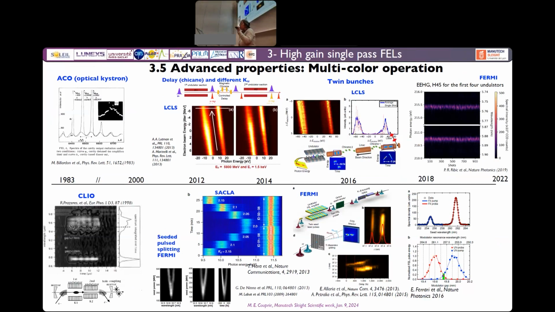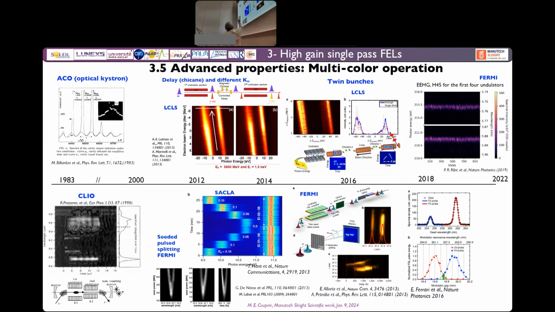As a chicane was installed for self-seeding, actually we have two series of undulators, here and here, and the chicane. Then we don't use a monochromator, but we just set the first undulators to a given wavelength and the second series of undulators to another wavelength. And if we have sufficient margin in undulator lengths, we can lase on the two wavelengths with the different segments of undulator. And you see here that then we have this FEL with two photon energies.